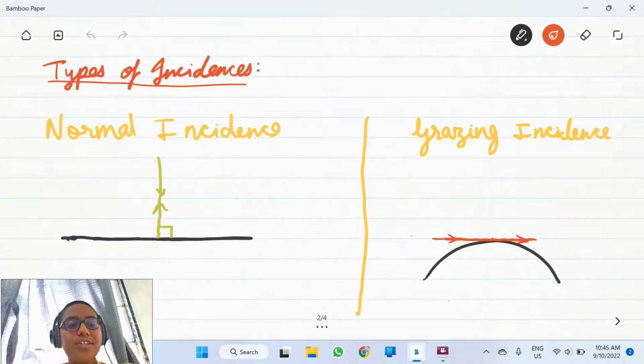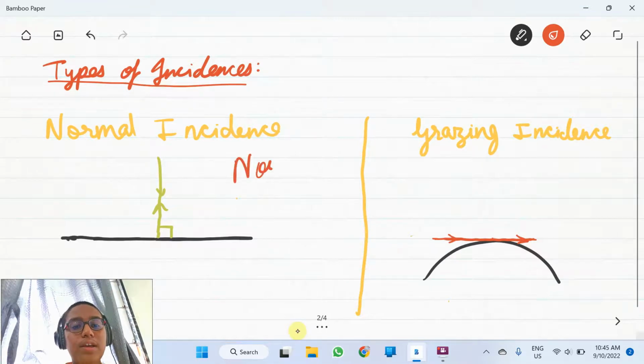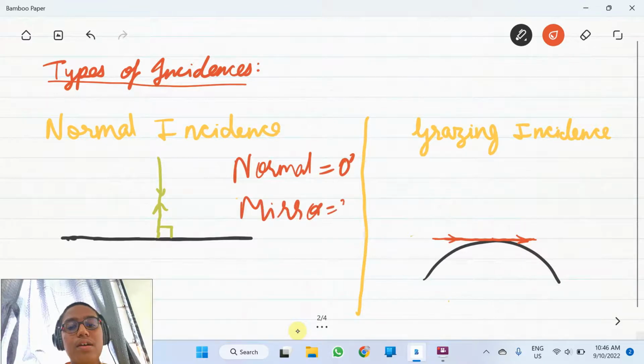Types of incidences on a mirror. This is normal incidence. Let's see what happens in normal incidence. Angle made with the normal is 0 degrees, and angle made with the mirror is 90 degrees. So this is about normal incidence.